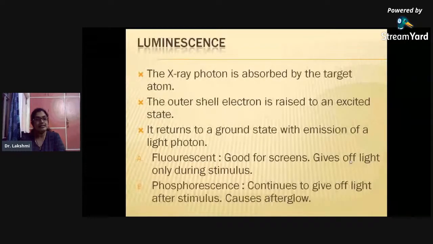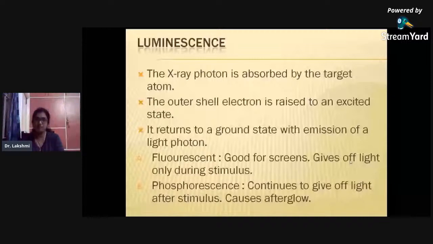Luminescence. The X-ray photon is absorbed by the target atom. The outer shell electron is raised to an excited state. So there are two concepts here. One is fluorescence. It is good for screens because it gives off light only during stimulus.